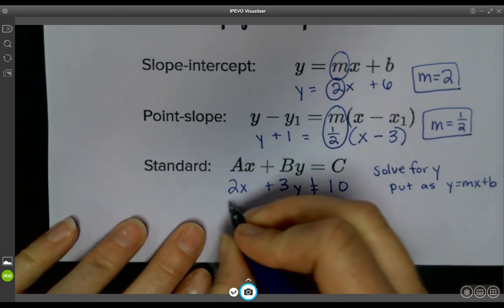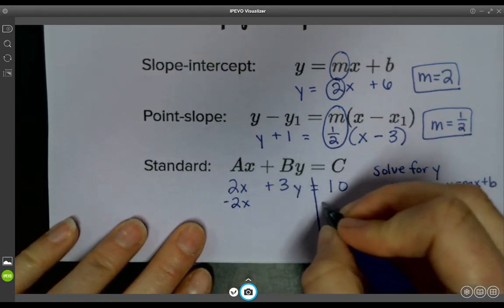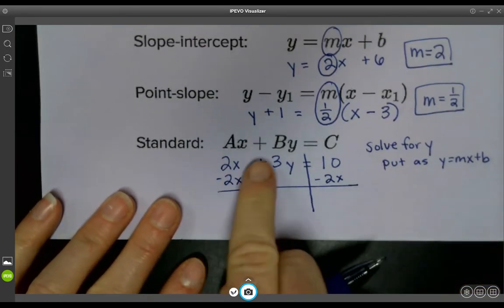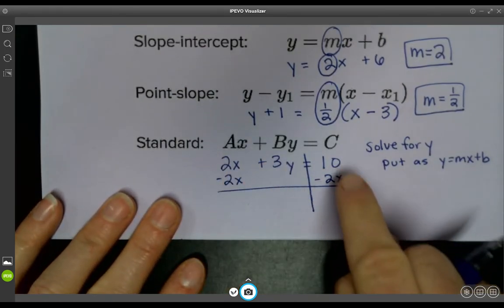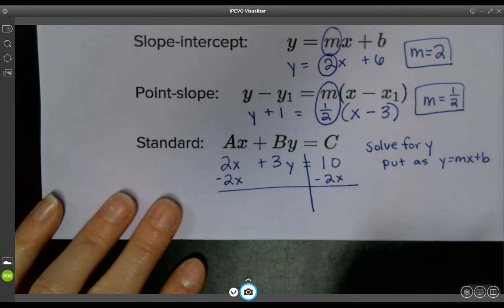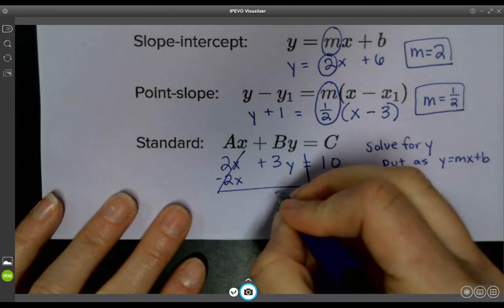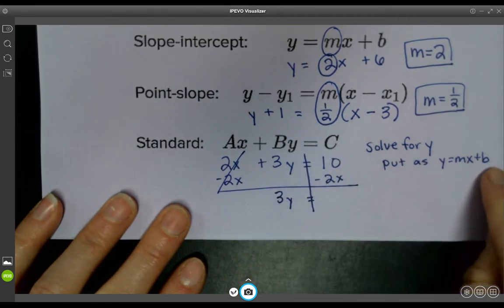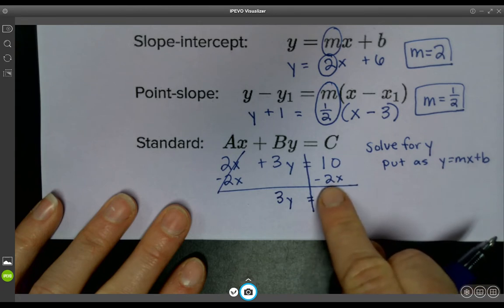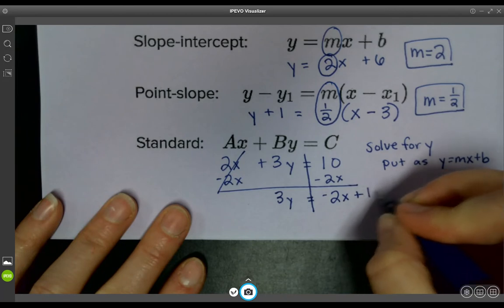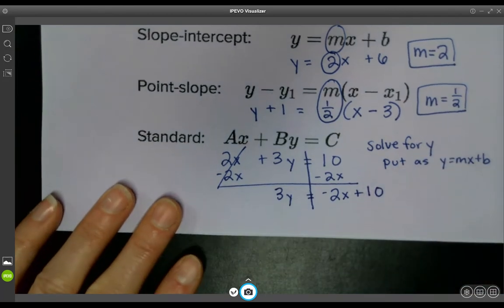So we're going to subtract 2x to get it on the other side. You got to remember, we cannot combine a number with an x variable. They're separate. You got to keep them separate. So those cancel out. Now we have 3y equals. We want it as mx plus b, so we're going to write the negative 2x first. Negative 2x plus 10.